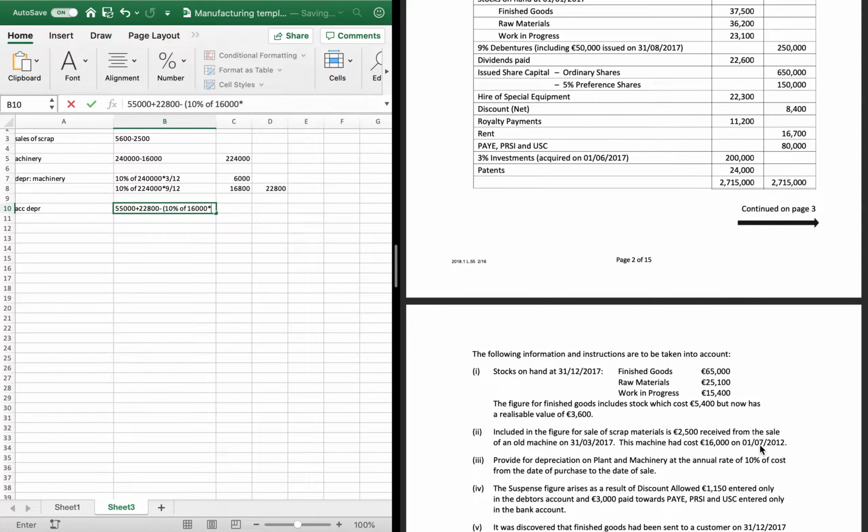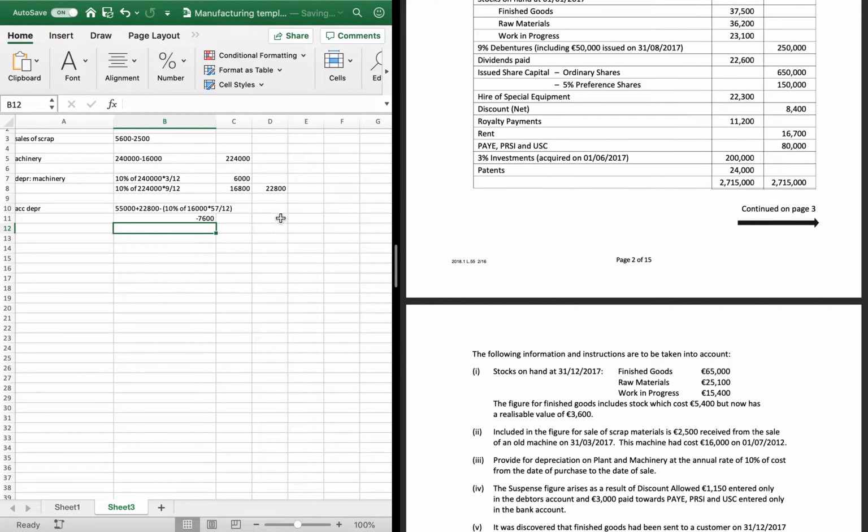Plus another 6 in 2012 is 54. And then plus your 3 in 2017 is 57. So we're going to take that out, and that is 7,600 that has to be taken away.